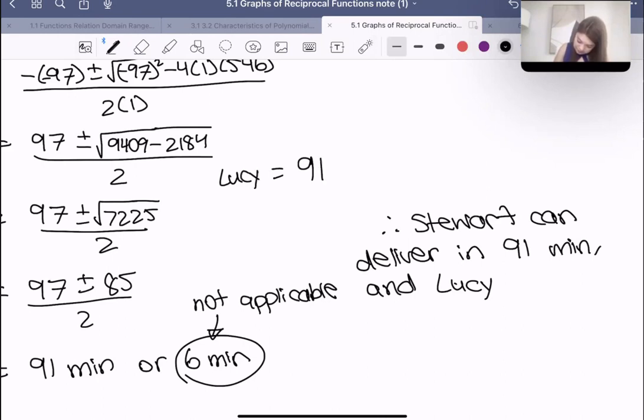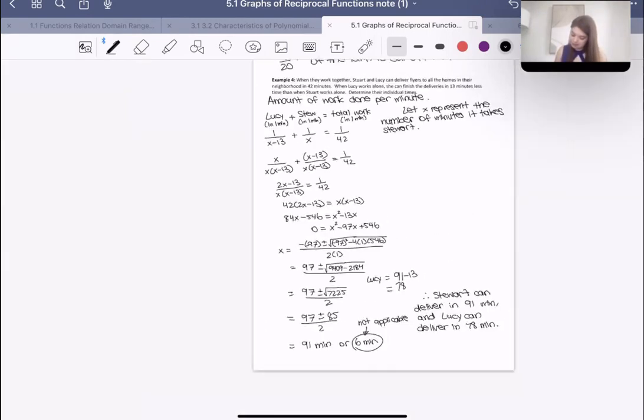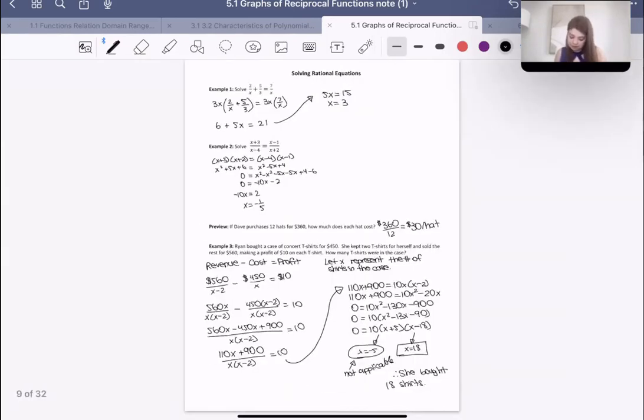It'd just be 91 minus 13, which is 78. So I'll just put a quick note there just to explain why it's 78. And Lucy can deliver in 78 minutes. Awesome.